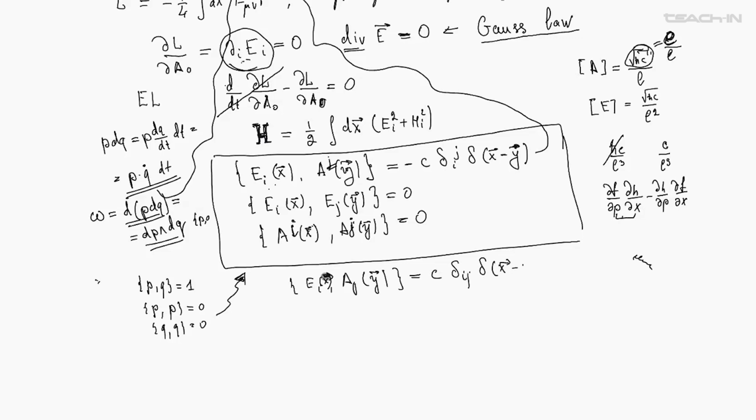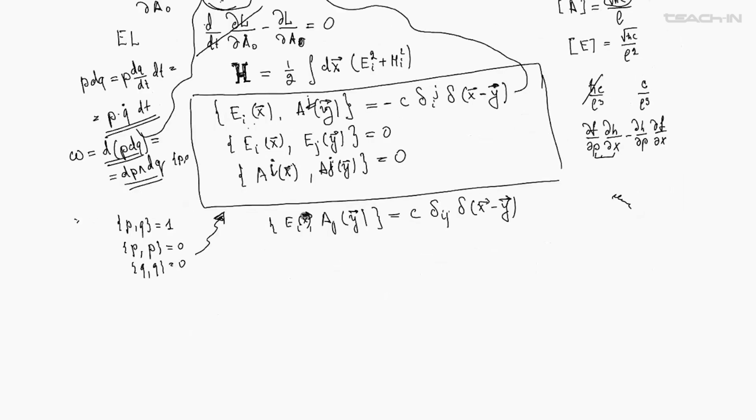Well, since you have the Hamiltonian and the Poisson structure, you can now derive equations of motion. You can simply write down Hamilton's equations.